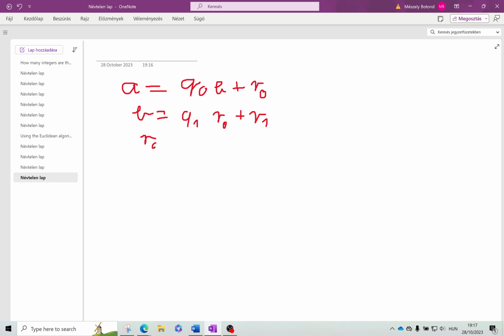Then R0 equals Q2 times R1 plus R2. It goes all the way until you get R(n minus 1) equals Q(n) times R(n) and so on.